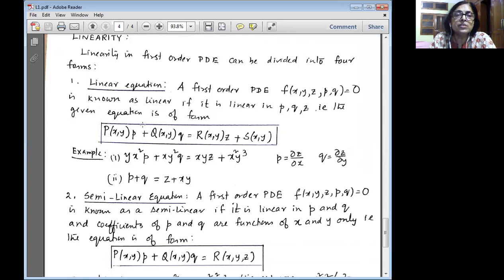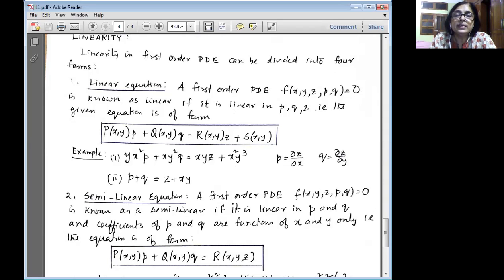The first is known as the linear equation, just simply linear. Why is it called first order? Because this equation has only first order derivative terms. F of x, y, z, p, q on the left hand side equal to 0 is a first order partial differential equation, where x and y are independent variables, z is the dependent variable, p represents del z del x and q represents del z del y.